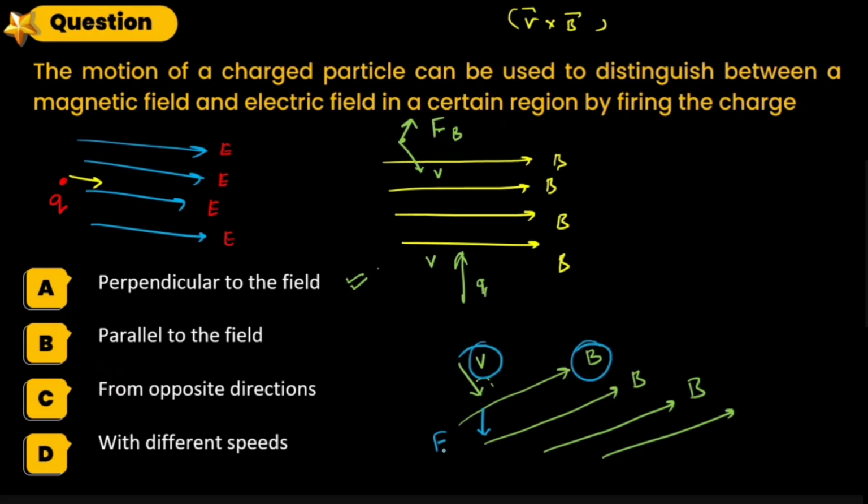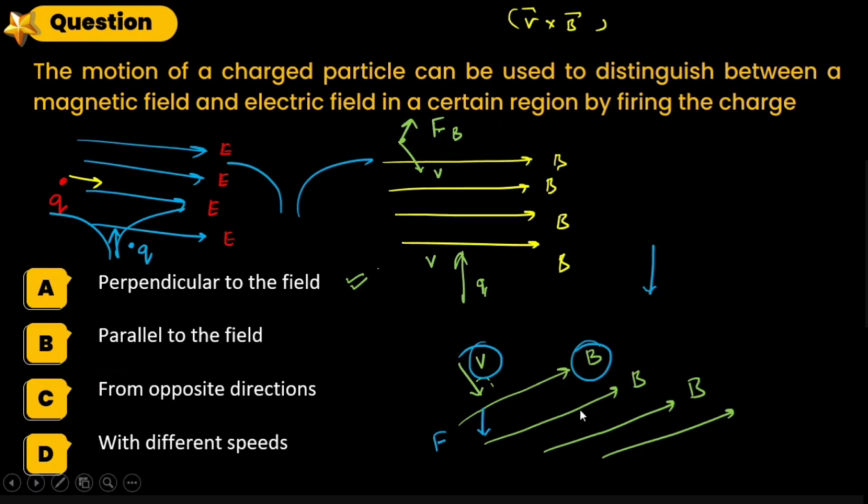That is the appropriate way to distinguish it. Similarly, if we put the charge in the electric field perpendicular to it, what we will see is it will go either in this direction or in this direction. The motion would be like that, whereas in this case, the motion would be perpendicular to both the field and the velocity.